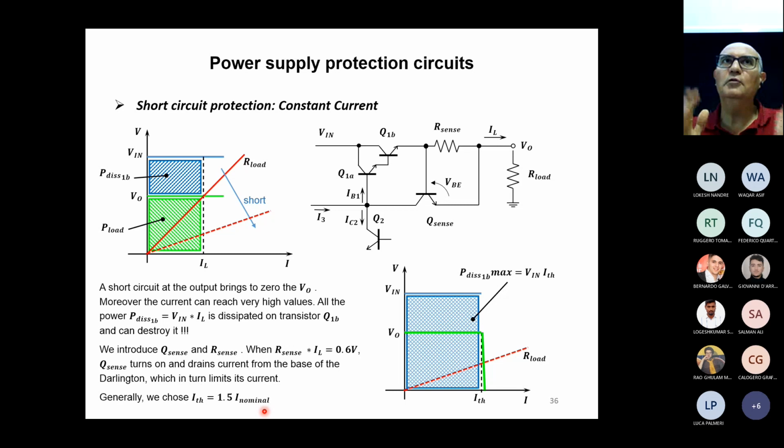So that's a situation that usually should not happen. But if for some reason the current goes over 1.5 amps, the system will react. How? This transistor here will drain the current from the series pass transistor, so it will force the transistor to reduce the current that is passing.